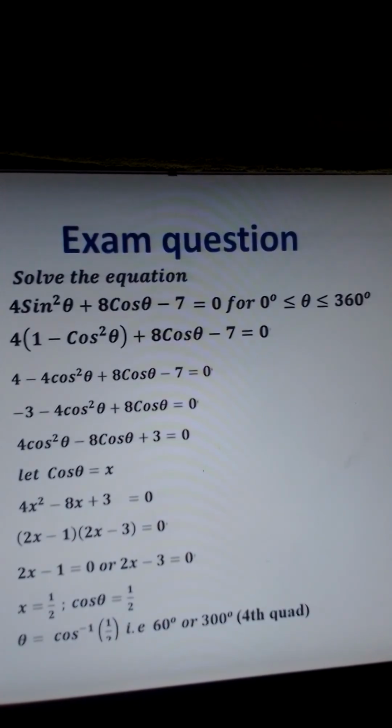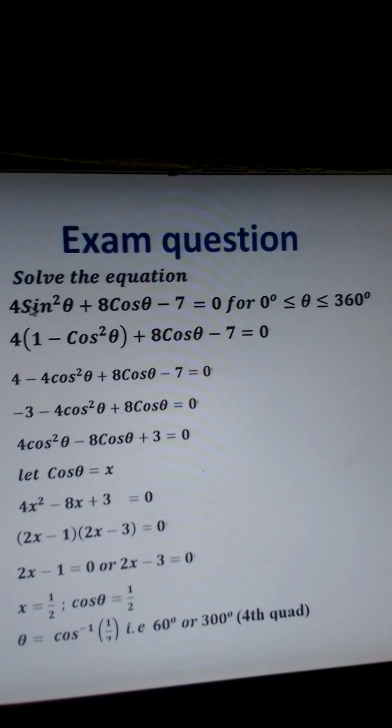We have this exam question that we want to tackle. Solve the equation 4 sine squared theta plus 8 cos theta minus 7 is equal to 0, for theta between 0 and 360 degrees.